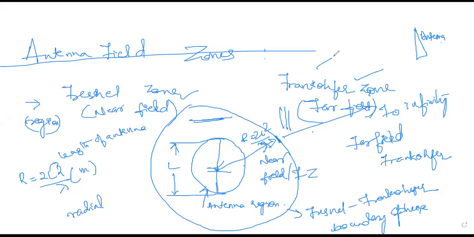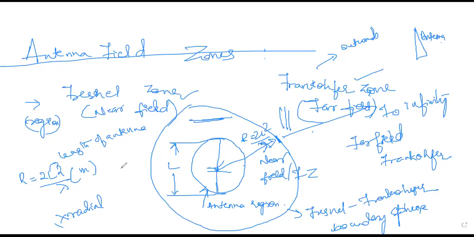In the Fraunhofer region, the power flow is entirely radial, directed outwards. What flows outward is the power radiated from the antenna. In the case of the near field, the power flow will not be radial. Whereas here, it will be radial, directed towards your boundary, outwards.